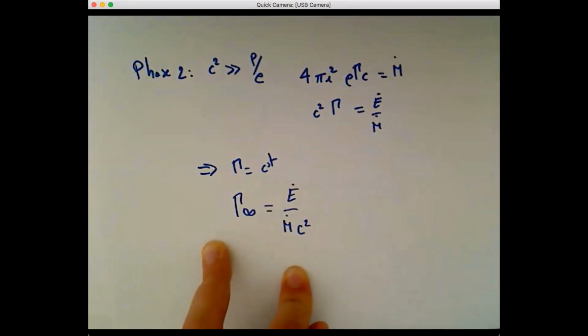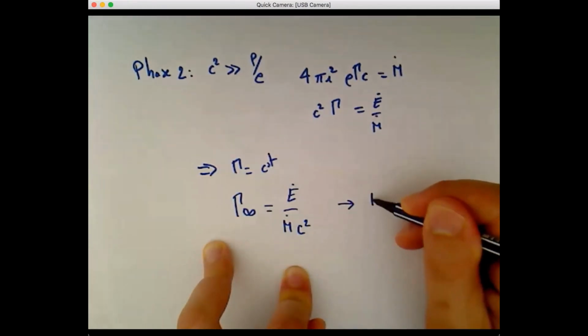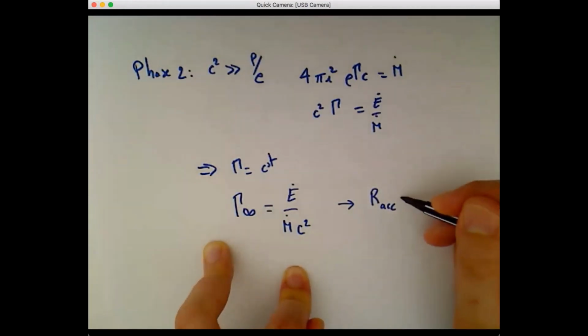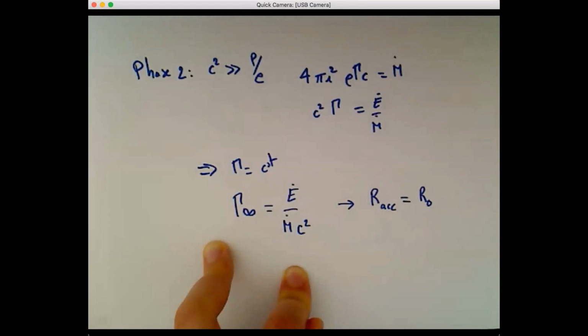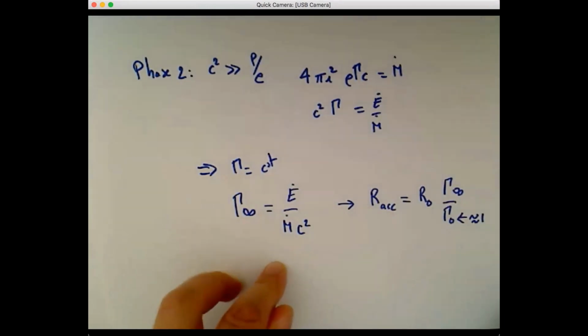And then from the linear relation between Lorentz factor and radius in the acceleration phase, it's easy to find that this Lorentz factor is reached at an acceleration radius, which is just given by the initial size of the central source times the final Lorentz factor divided by the initial Lorentz factor, which you can take equal to unity.